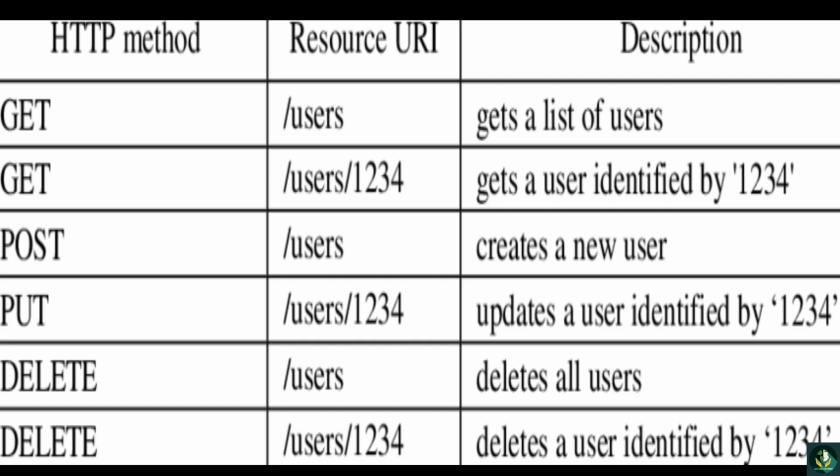Again, HTTP method GET users with an ID gets a user identified by 1234 or anything, and POST users creates a new user, and PUT users 1234 updates a user identified by 1234. Then that can be delete or update. It's a feature.